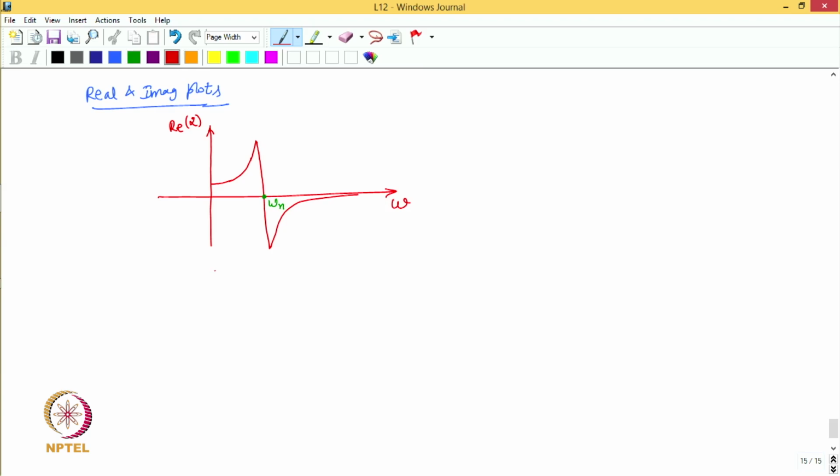If we look at the imaginary part, then that looks something like this. It reaches its peak value at omega equal to omega n. So, the frequency where it peaks is omega n. This is the behavior of the real and imaginary parts of the FRF of a single degree of freedom system with viscous damping.